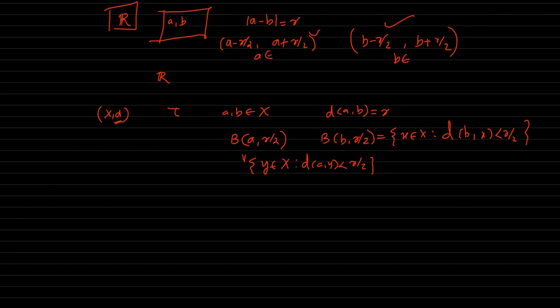These two open balls are disjoint and open in this topology, and A belongs to the first ball and B to the second because they are centered at A and B respectively. So we have a pair of open sets that satisfies all these conditions.